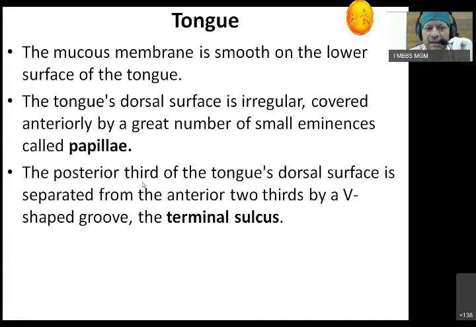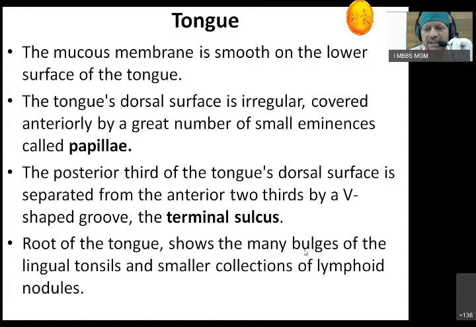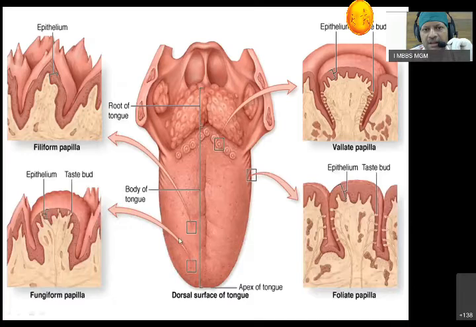The posterior one-third of the tongue, behind the sulcus terminalis, will show more of the lymphoid collection. The root of the tongue shows many bulges, which are called lingual tonsils. This is how we see the tongue: anterior two-third, dorsal surface, posterior one-third.